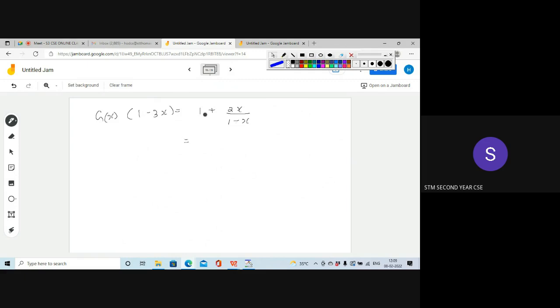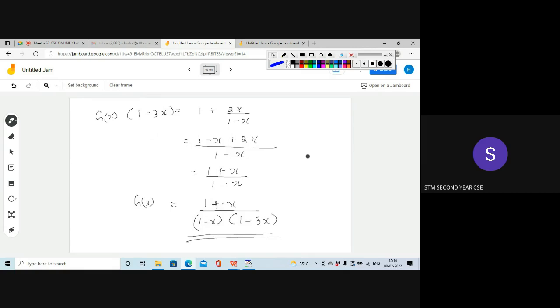Multiply this 1 minus x with 1, you get 1 minus x plus 2x, the whole by 1 minus x. And that is equal to, minus x plus 2x, you get 1 plus x by 1 minus x. So from this we find g of x is equal to 1 plus x by 1 minus x into, this term will come down, 1 minus 3x. So this is our generating function g of x.